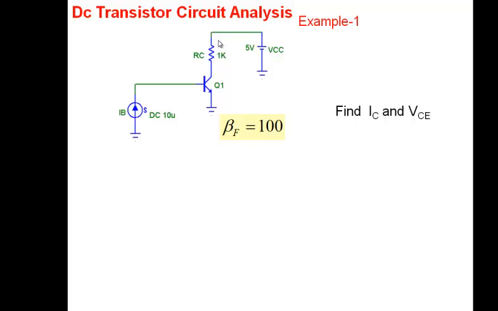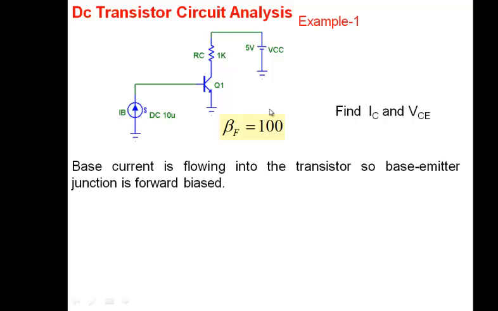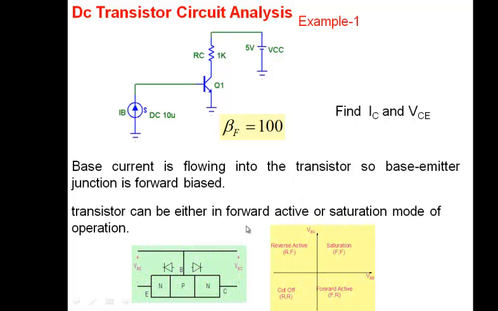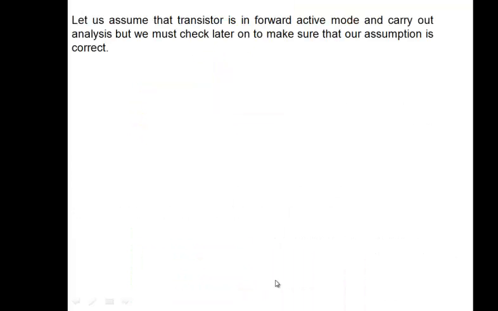So the way we do it is, we assume one. Typically we'll say the following here. So we have ruled out two modes of operation. So we are saying it's either forward active or saturation. And then these are, of course, the four modes of operation here.